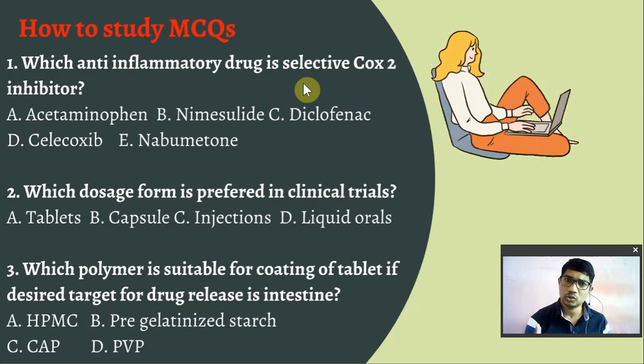So no children, pregnant women, or lactating women should be prescribed Nimesulide because of that fulminant hepatotoxicity. Nimesulide also has adverse effects like hepatotoxicity as well as nephrotoxicity, and nowadays most countries have a ban on it. Okay, so you should read in this manner.